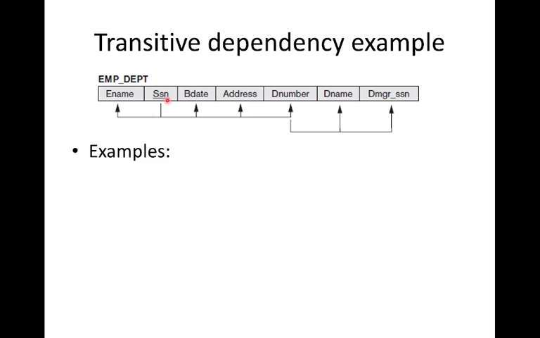If we see this table, we have transitive dependency. Here SSN is a primary key. Now we have the dependency SSN to D number, and from D number we have a dependency D name, and from D number we have another dependency D manager SSN. So there are two transitive dependencies: SSN to D number to D manager SSN, and SSN to D number to D name, another transitive dependency.